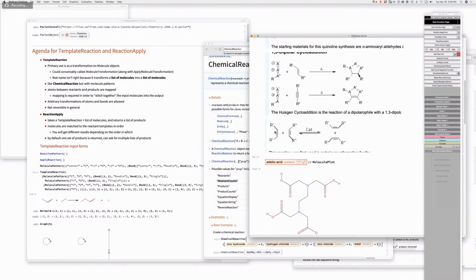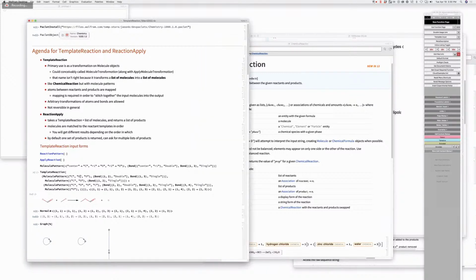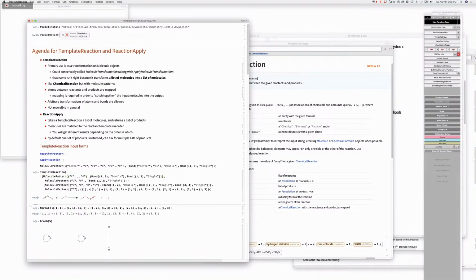What's wrong with that? Right. Okay. So equation display is literally a row in that case. So it's not a visual. But this molecule pattern here, you're telling me I can put blanks in this. Is that right? Yes. So I can put a blank there, for example. Yeah. And that turned into a star in that picture.